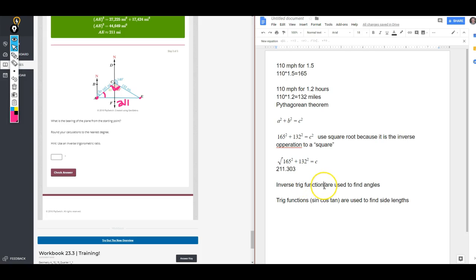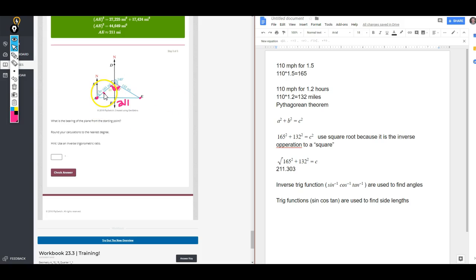So inverse trig functions are the ones that look like they have a negative 1 as an exponent. So sine inverse, cosine inverse, and tangent inverse. Whoa, that wasn't supposed to be a double. So that's why they are saying hint use trig inverse ones.